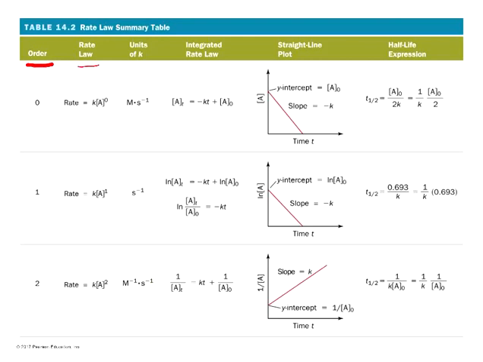Also listed in this table are the units of K, which is really handy, and they'll be different for each type of reaction. And then the integrated rate law is listed next to that. And then they also show the straight line plot for each and the half-life expression for each.